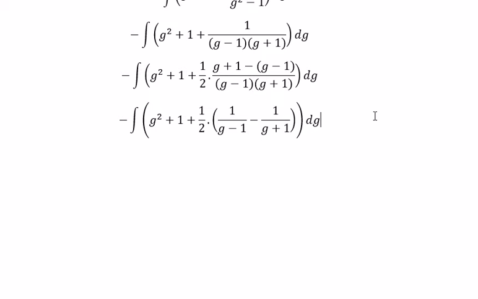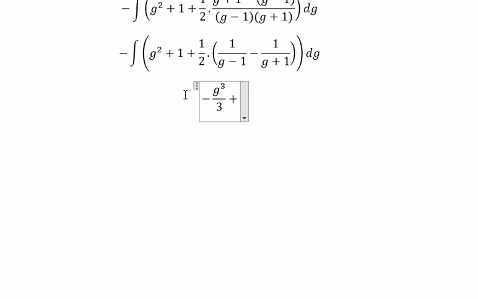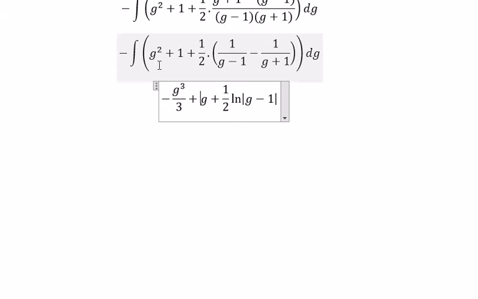And now we can get the final answer. The integral of g square in here, you got g to the power of 3 over 3. The next one is 1 over g minus 1. You got ln of the absolute value of g minus 1. We have the negative in here, so we need to change the sign.